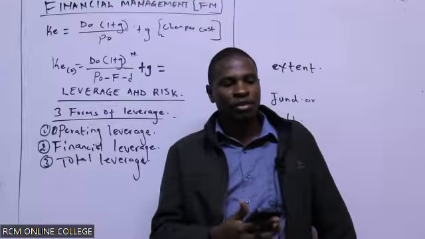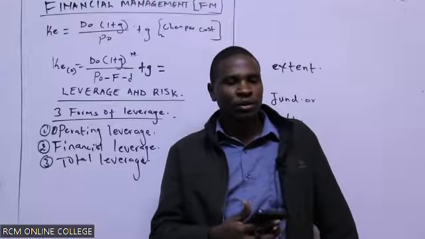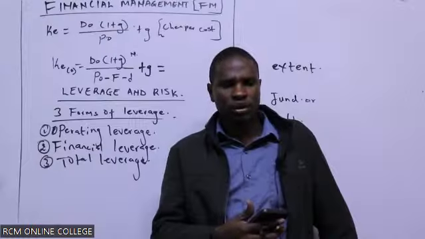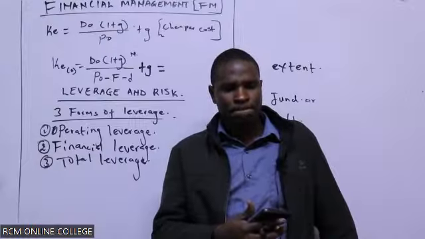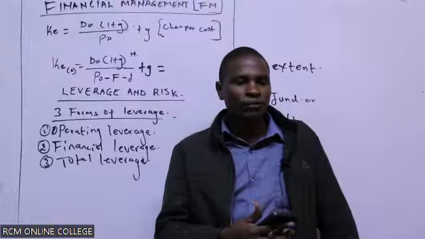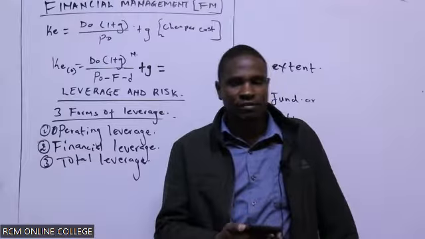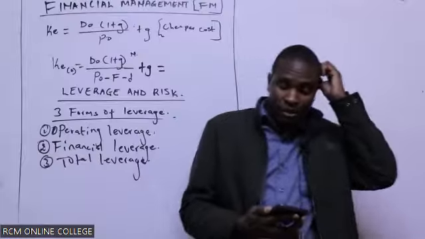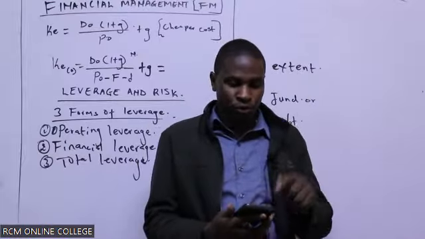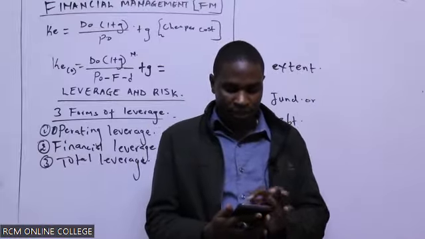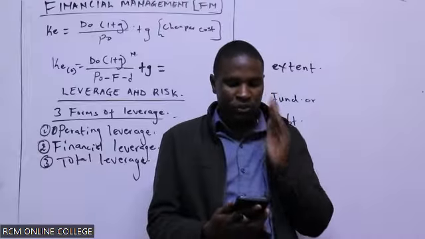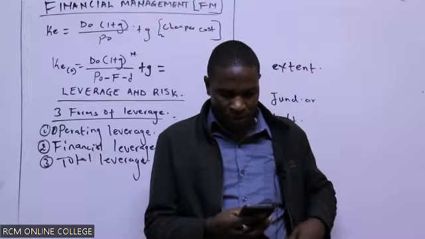Sasa hii najua imerudi 30 something, 1000. No, is it 1000 or 2000? But it is not fixed. It's a variable cost. Therefore, this operating leverage helps you to get that ratio of cost, the fixed cost and the variable cost.